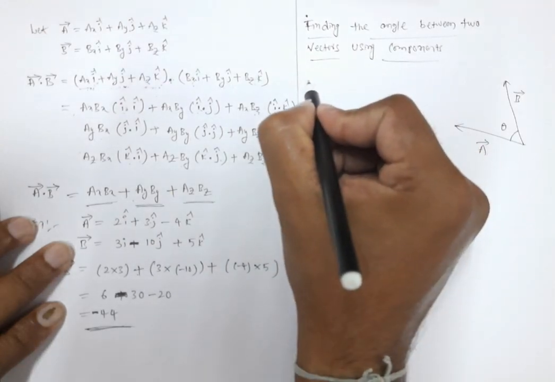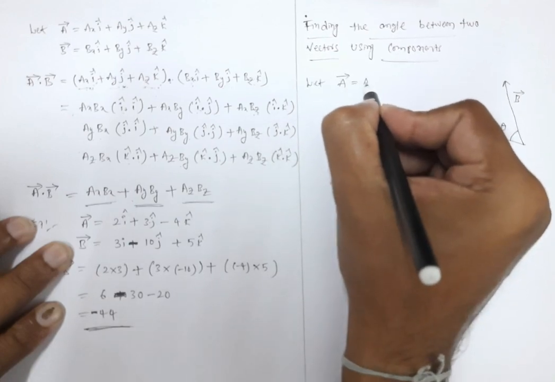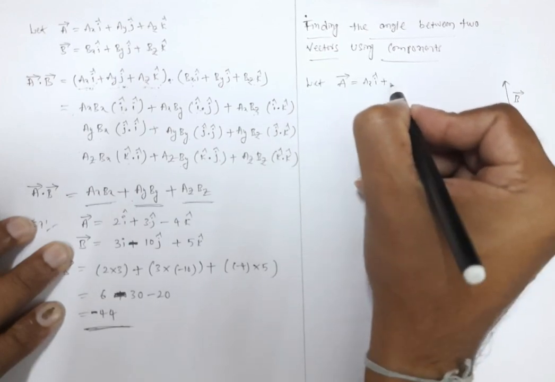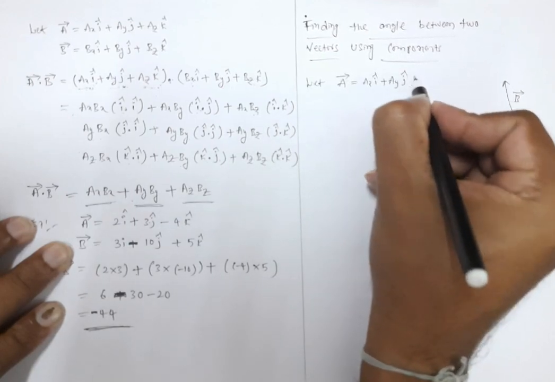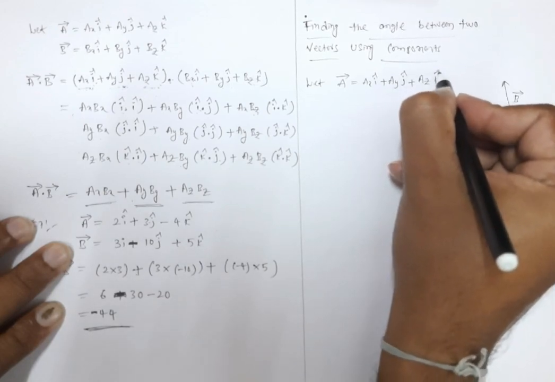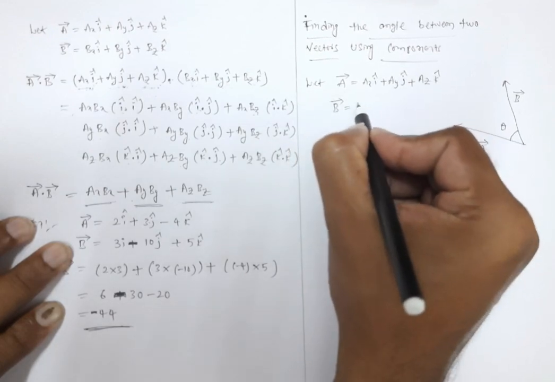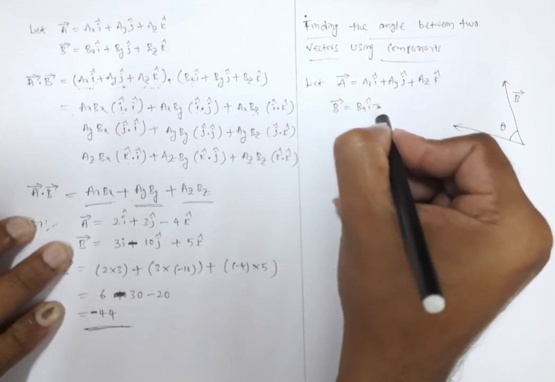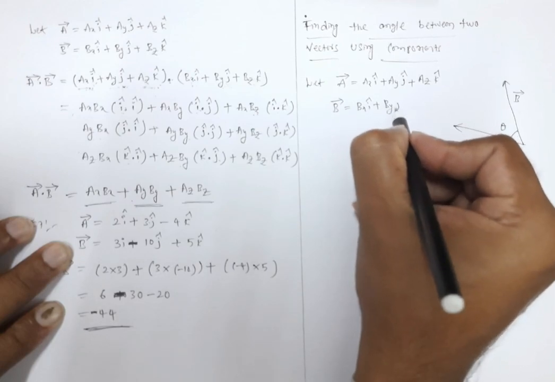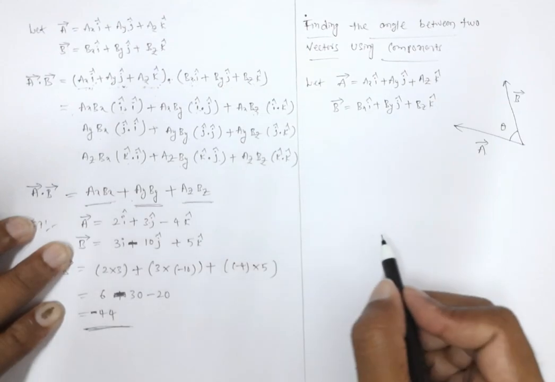Suppose a bar is given as ax i cap, ay j cap, and az k cap, and b bar is given as bx i cap, by j cap, and bz k cap.